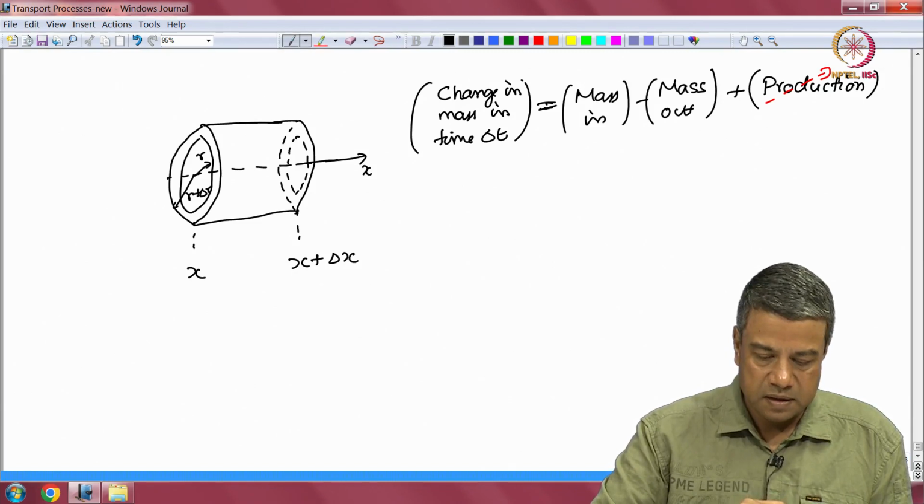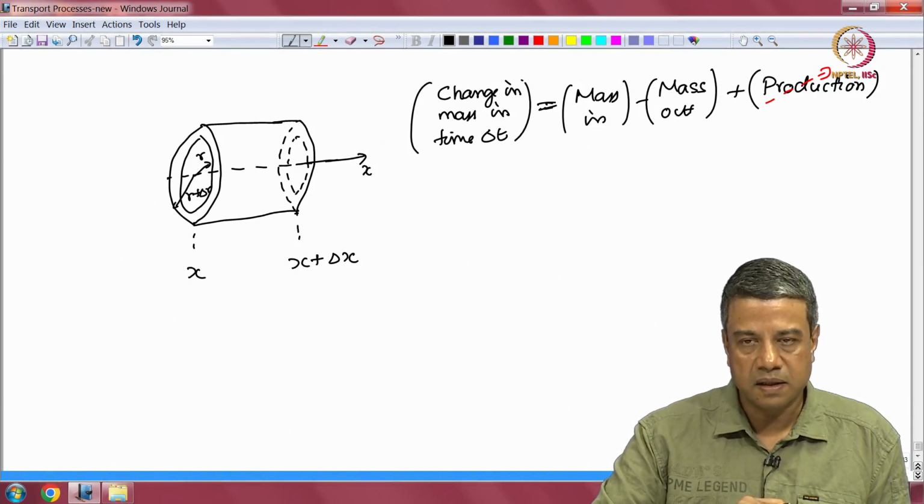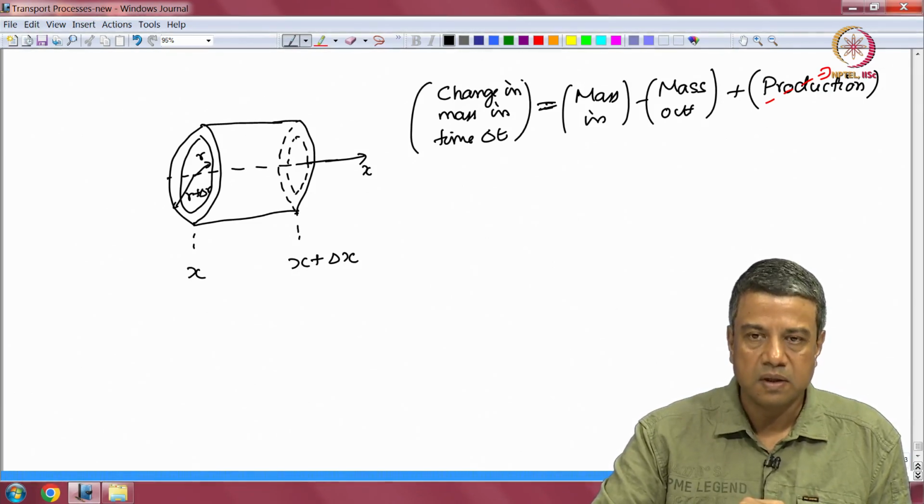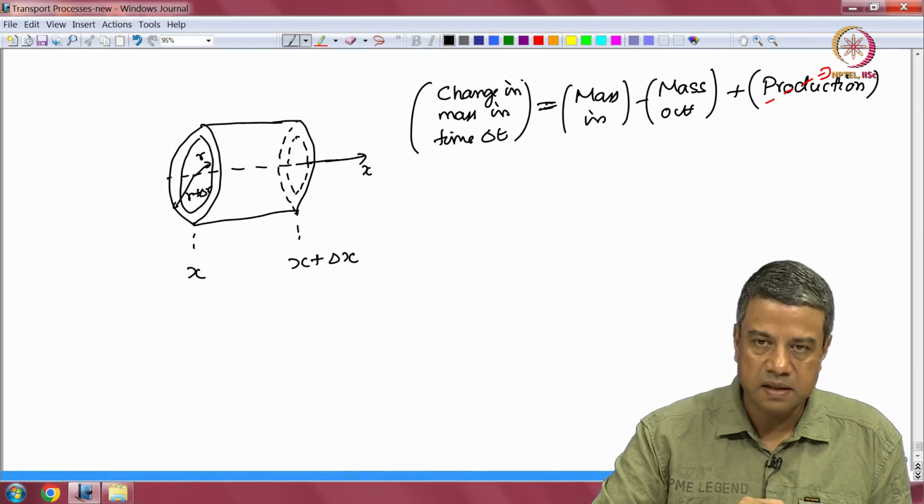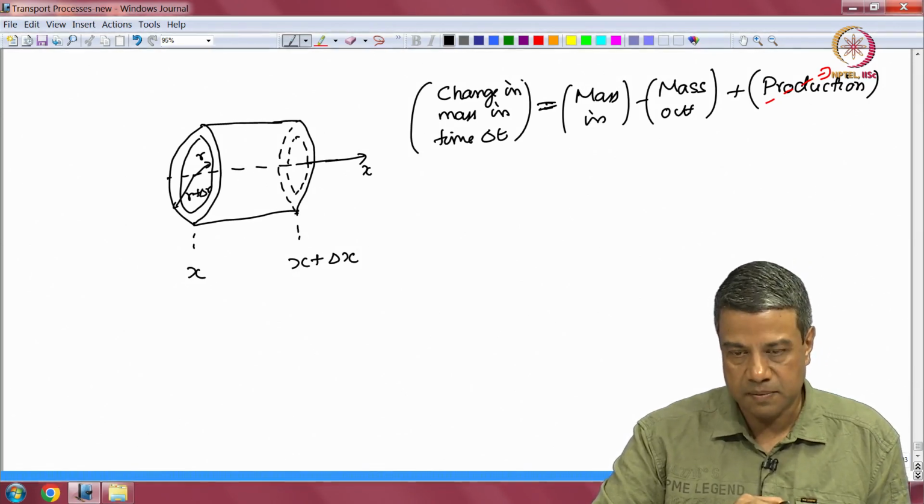So, change in mass in time delta t is going to be equal to the mass at time t plus delta t minus the mass at time t.